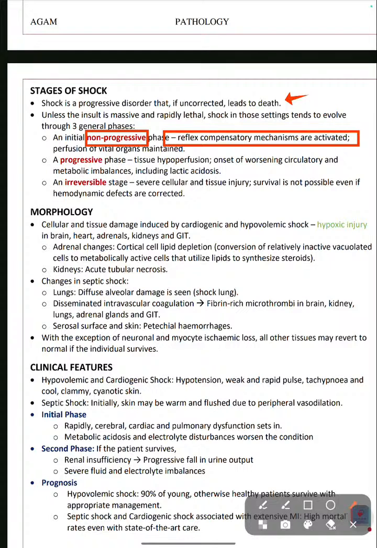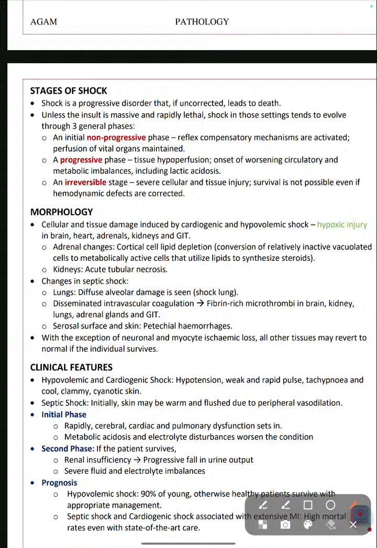One is the initial phase. The initial phase is a non-progressive phase. Here a reflex compensatory mechanism is activated, and perfusion of vital organs is maintained, like the brain, kidney, and heart.